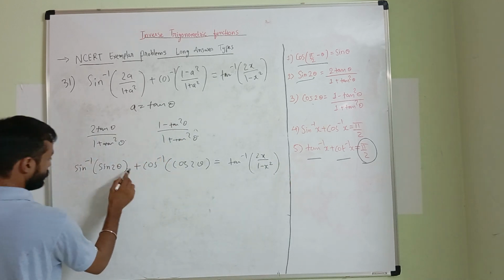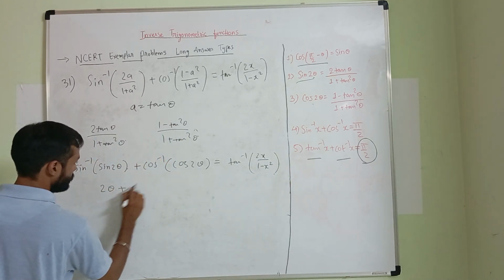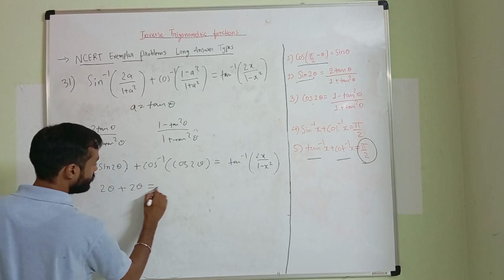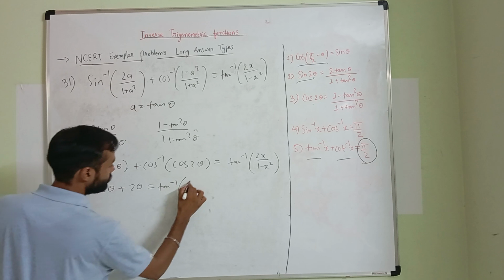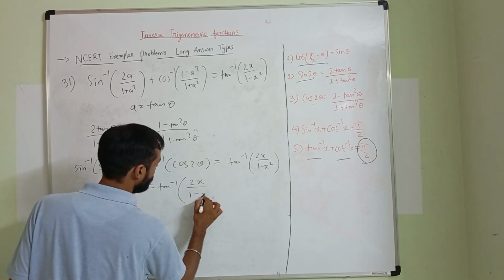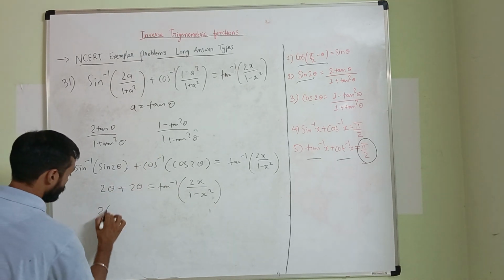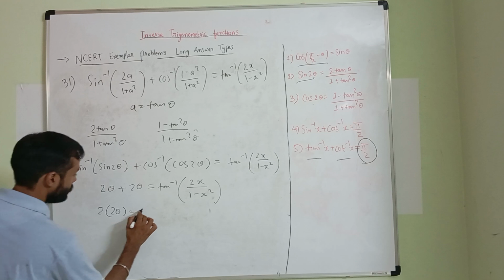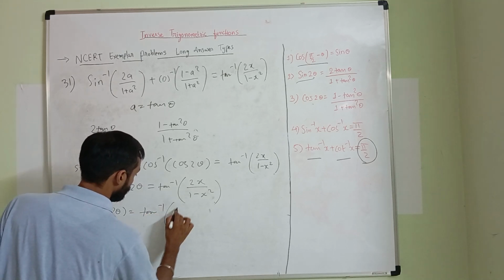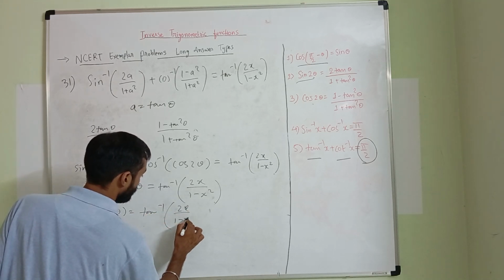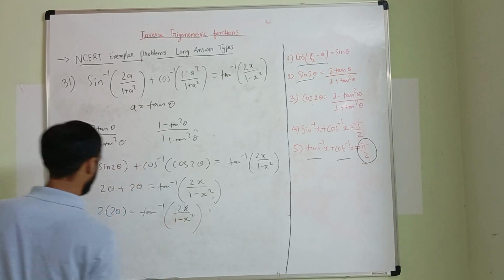So sin inverse of sin 2 theta, that is 2 theta, plus this is also 2 theta, is equal to tan inverse of 2x upon 1 minus x square. So this will be 2 into 2 theta is equal to tan inverse of 2x upon 1 minus x square.